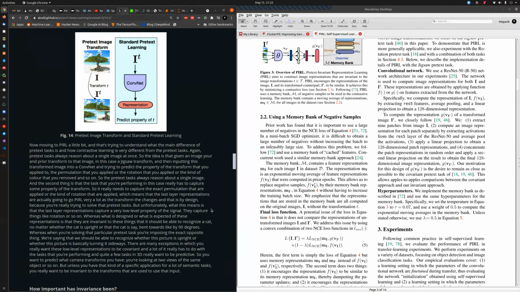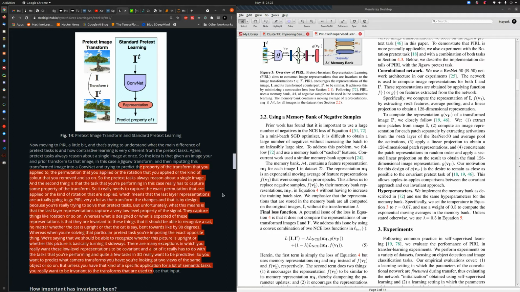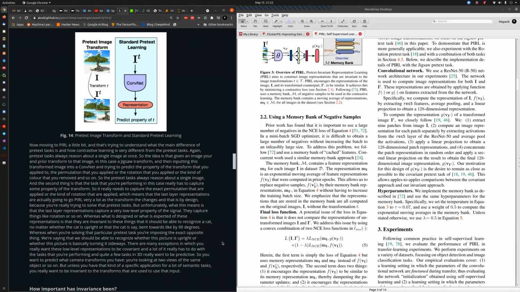With respect to the different pretext tasks in pre-training, how do they cumulatively affect the standard cross entropy loss that you had? This is what they truly talk about in this whole paragraph.